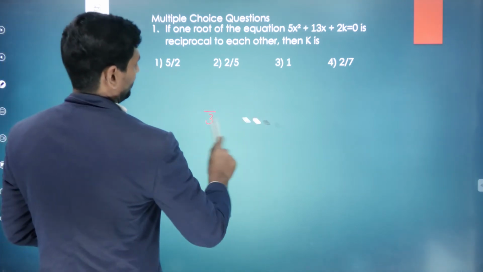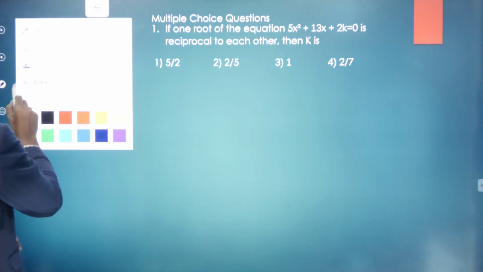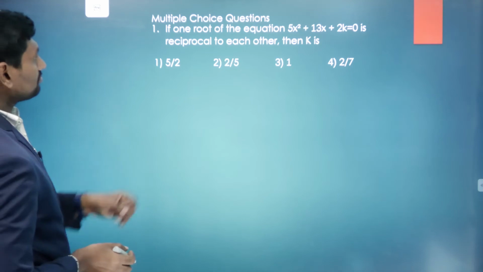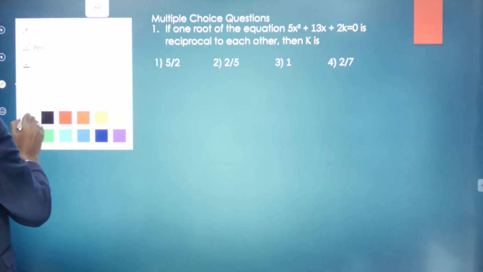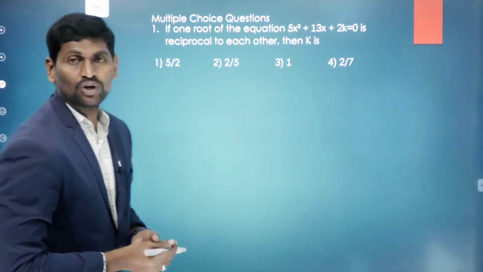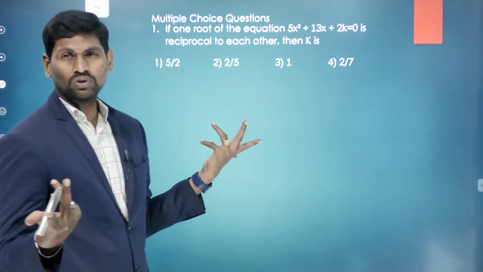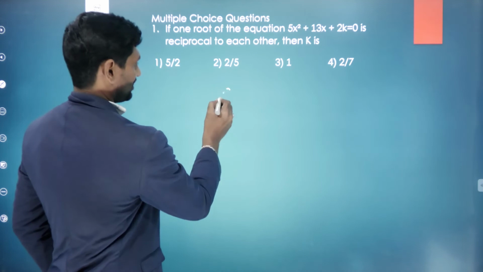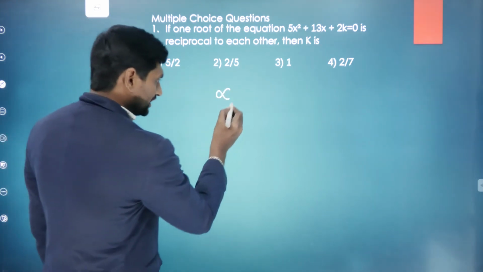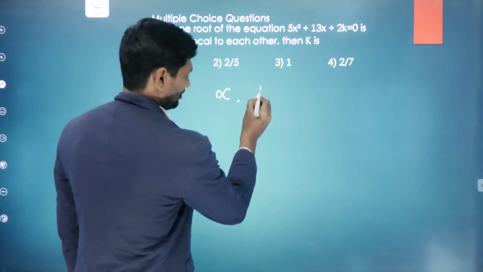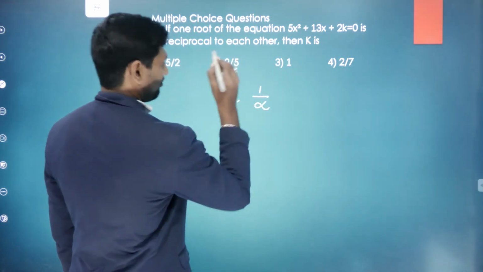Now, according to this, one root is reciprocal of other root. We don't know both roots. Let us take first root is alpha. What is its reciprocal? 1 by alpha.